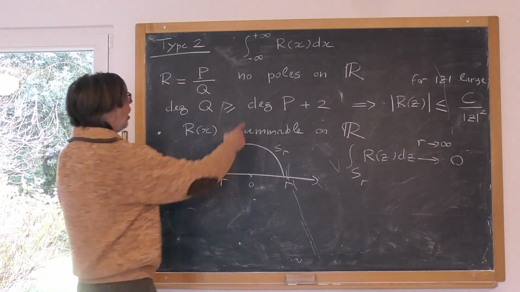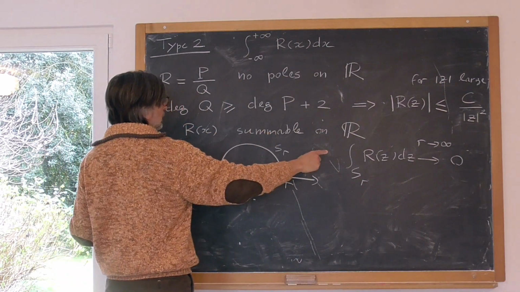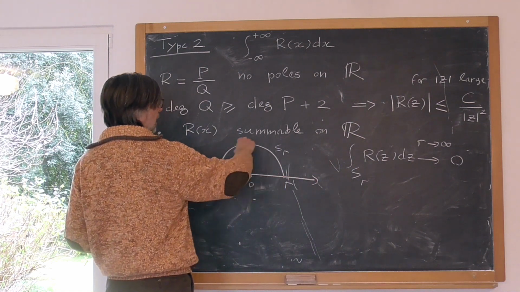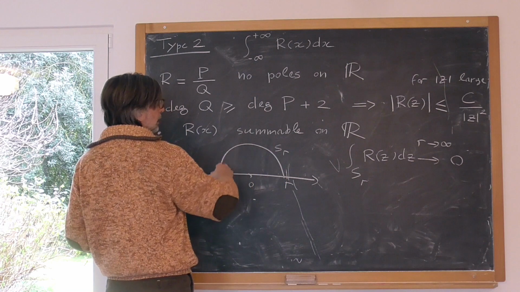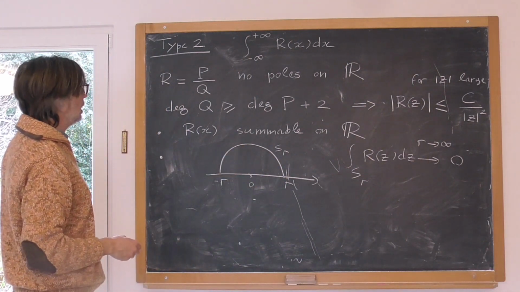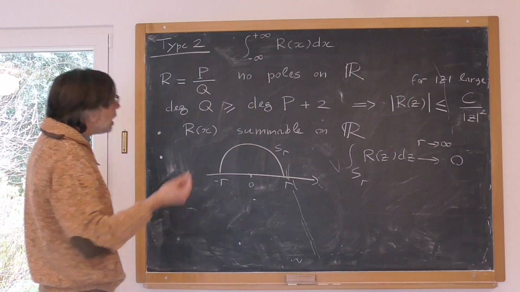So the integral from minus infinity to infinity coincides exactly with the value of the integral on the contour, and for that we can use the residue formula.